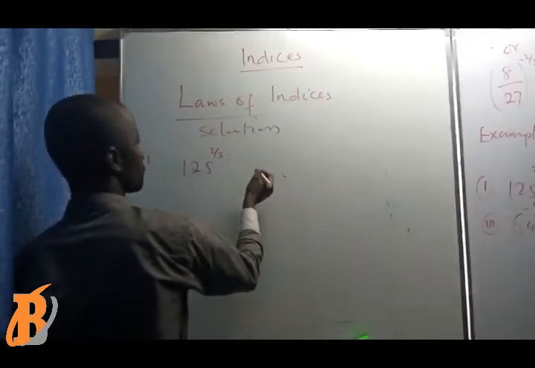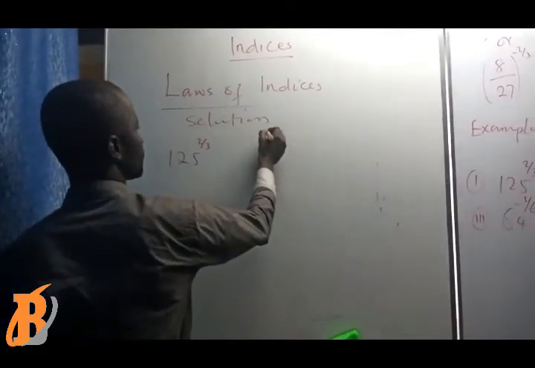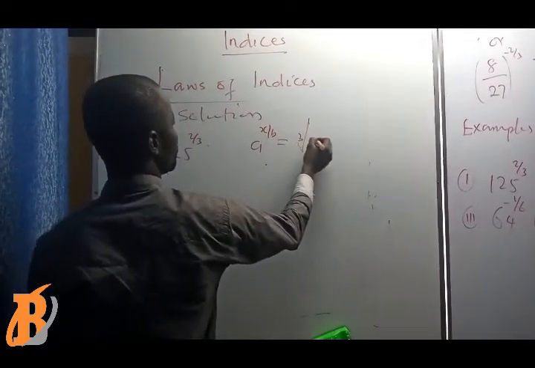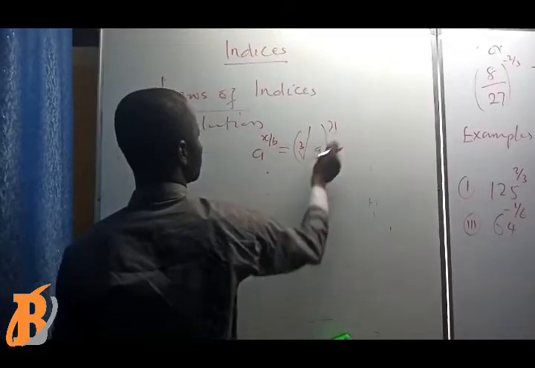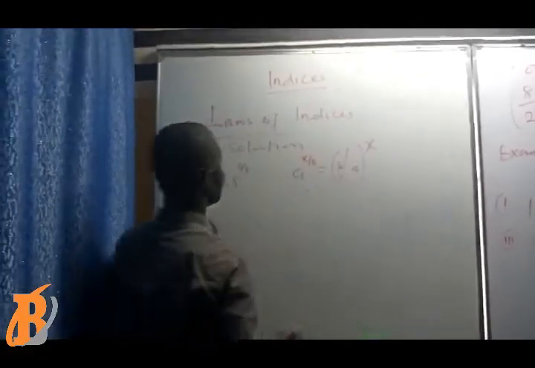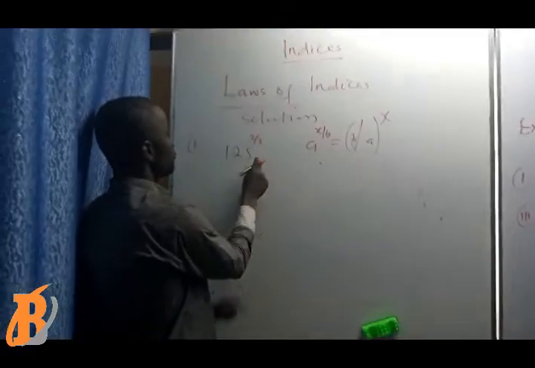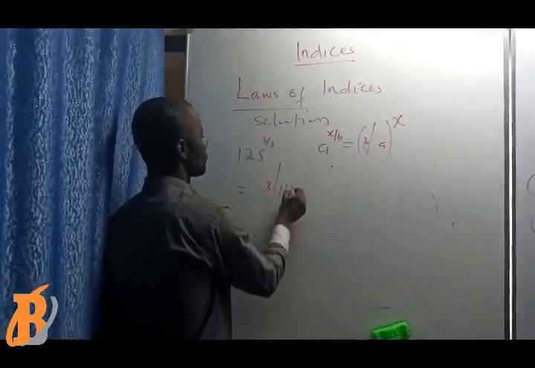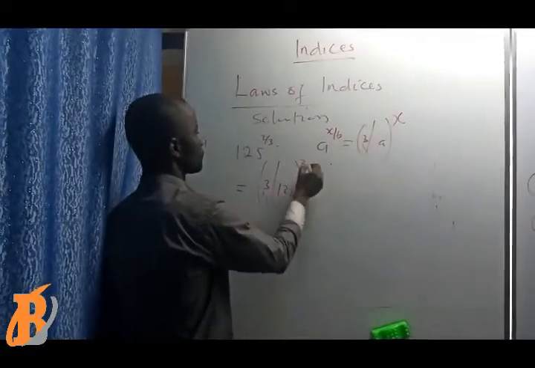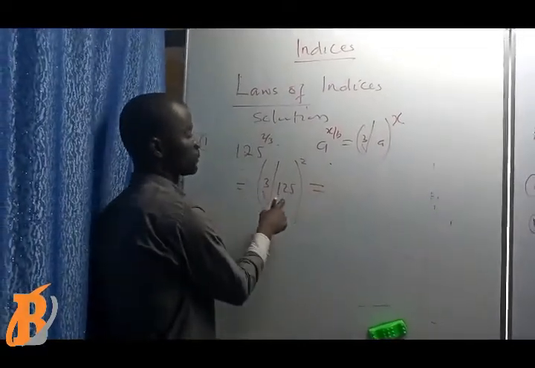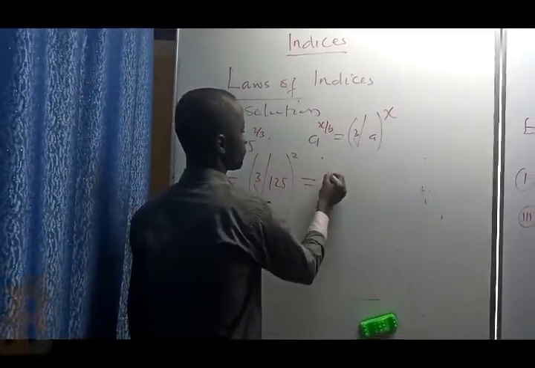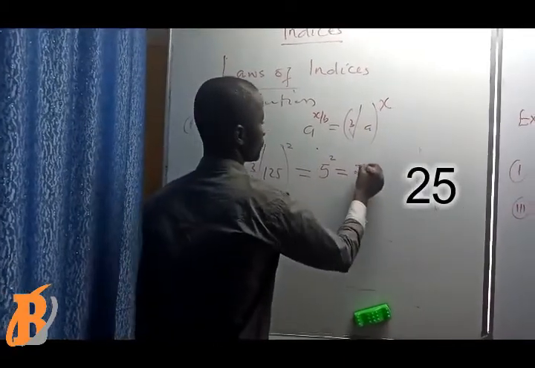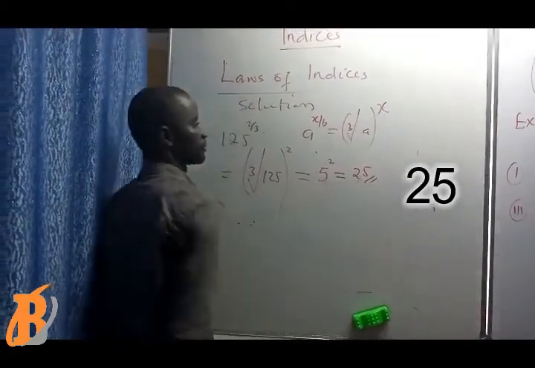Immediately you remember this law: a raised to power x over b is the same thing as the b-th root of a raised to x. So 125 to the power 2/3 is the cube root of 125, squared. The cube root of 125 is 5, so we have 5 squared, which is 25. That is 5 times 5 is 25.